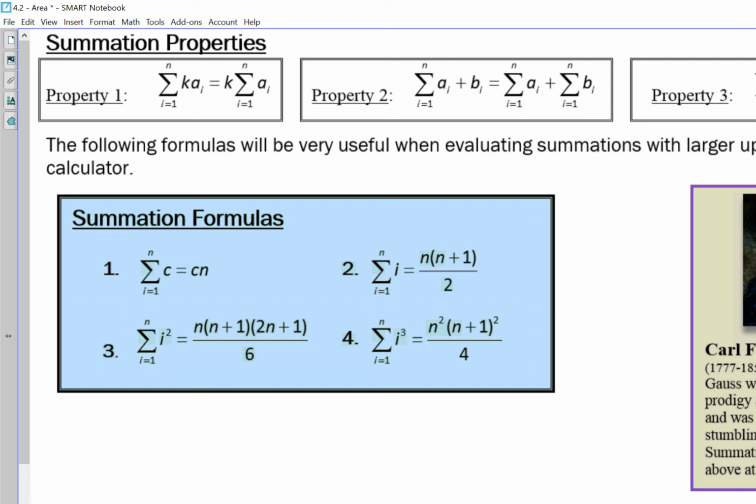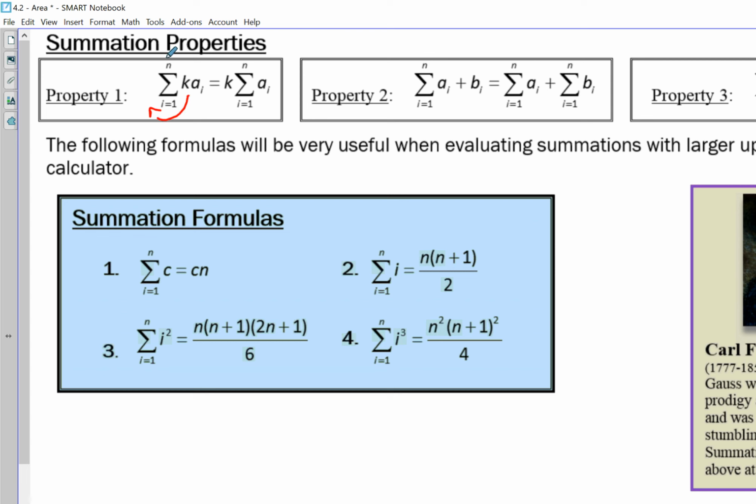Now, I want to make a distinction here. We've got summation properties and we have summation formulas. At the top of the screen here, I've got various properties listed. These are the basic ideas: a scalar within your summation expression can come out in front, which is what property 1 is saying.